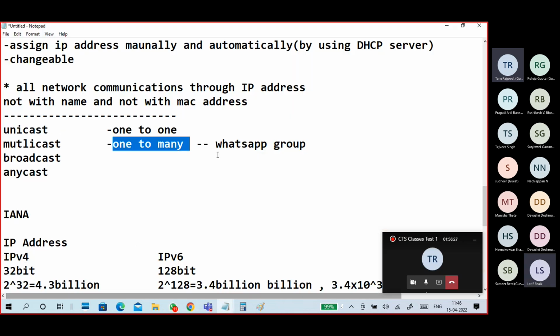Right? Everybody knows. Broadcast is one to all, so there is no limit. Like you put a loudspeaker, or AM, FM radio. These are all broadcast. You are sending to everyone.